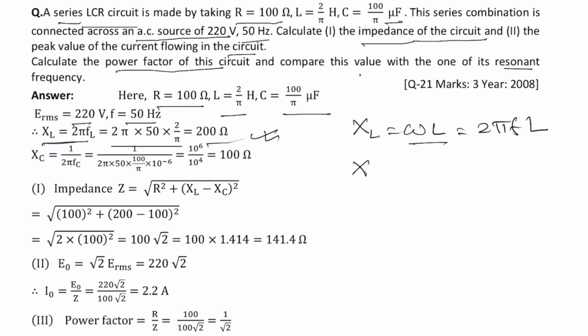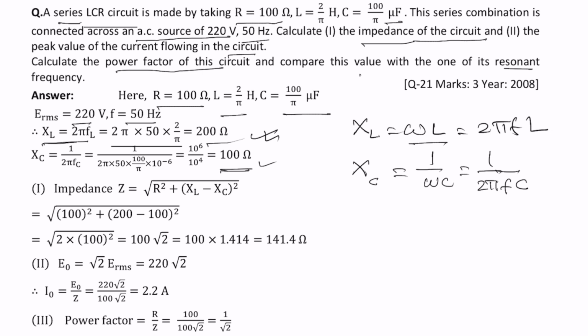What is the resistance offered by the capacitance? This is the capacitive reactance, 1 by omega C. So it is 1 by 2 pi f into C. Straightforward, direct, just put in these values, you will get XL is 200 ohm, and the capacitive reactance XC is 100 ohm.